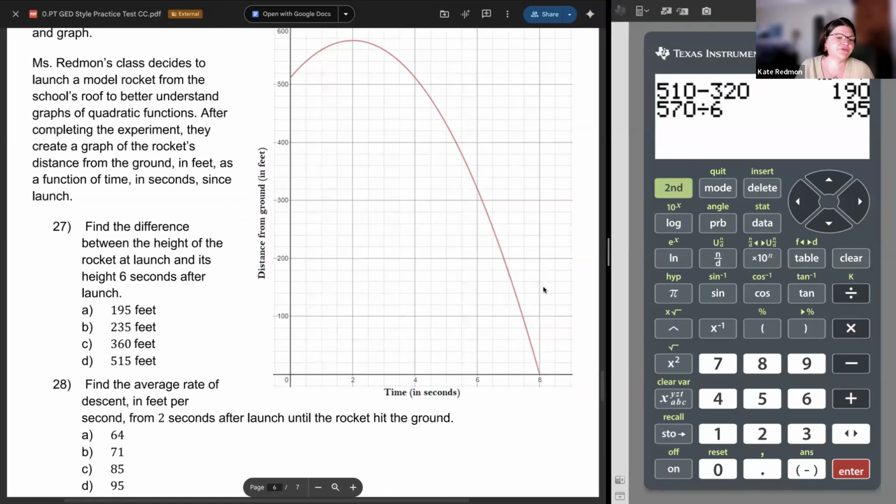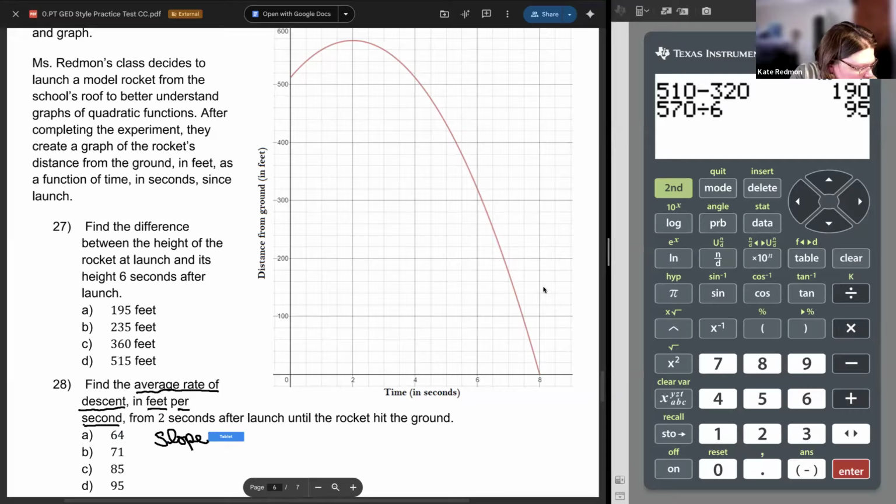It says find the average rate of descent in feet per second from 2 seconds after launch until the rocket hit the ground. So the first thing we need to realize is when it talks about the average rate of descent, a unit rate, especially when we're talking feet per second off of a graph, this is code word, this is language that tells you we're looking at slope.